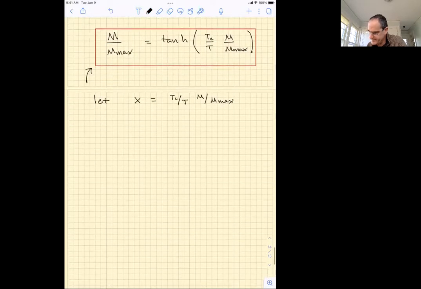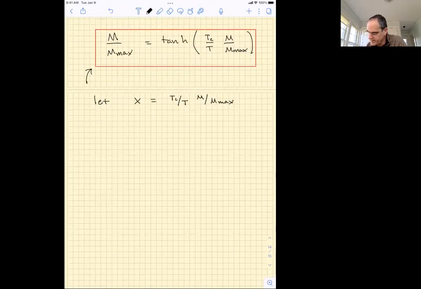Okay? Then you can see that if I rewrite my equation, on the right side, I'll have hyperbolic tangent of x. That's nice. And on the left side, I have M over M max.